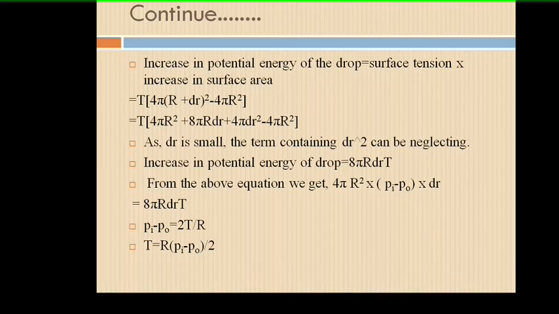This equation can be written as T is equal to R into Pi minus Po by 2, or we can say that the surface tension due to the excess pressure inside the liquid drop is R into Pi minus Po by 2.